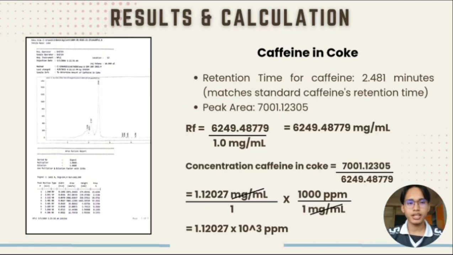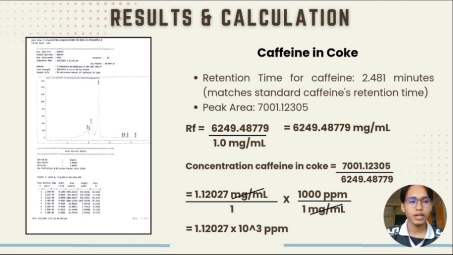So let's start by analyzing the caffeine content in Coke. From the chromatogram, the retention time for caffeine is recorded at 2.481 minutes, which matches the standard caffeine's retention time. And the peak area for caffeine in Coke is 7001.12305. By using the response factor, we can calculate the concentration of caffeine by dividing the peak area of caffeine in Coke by the response factor.